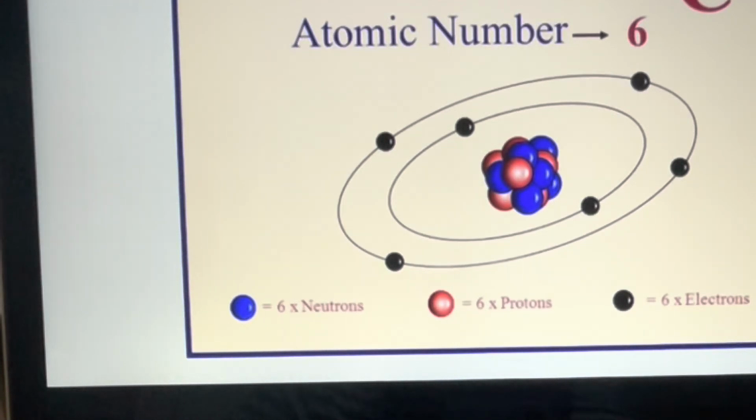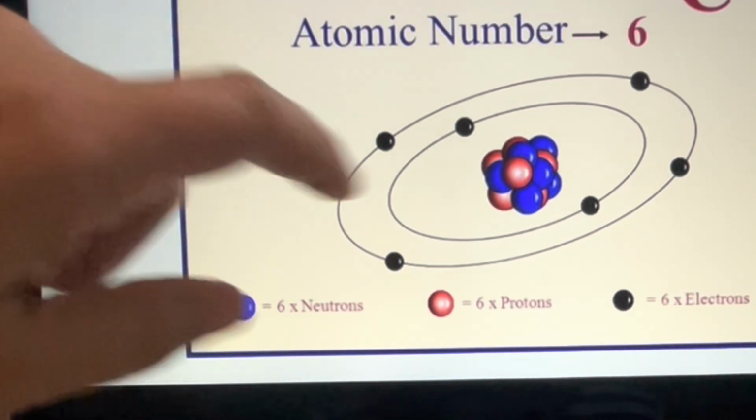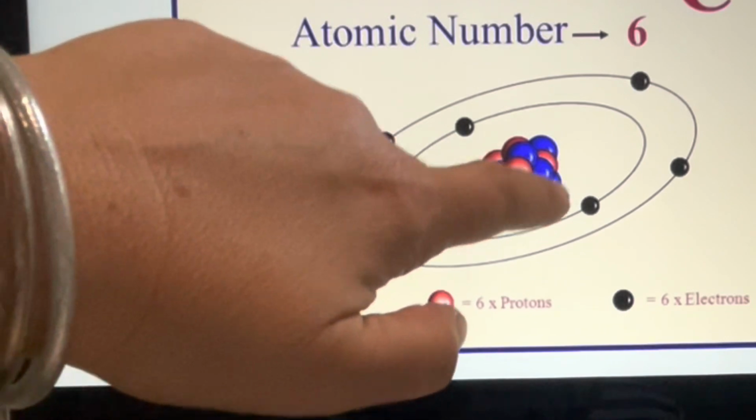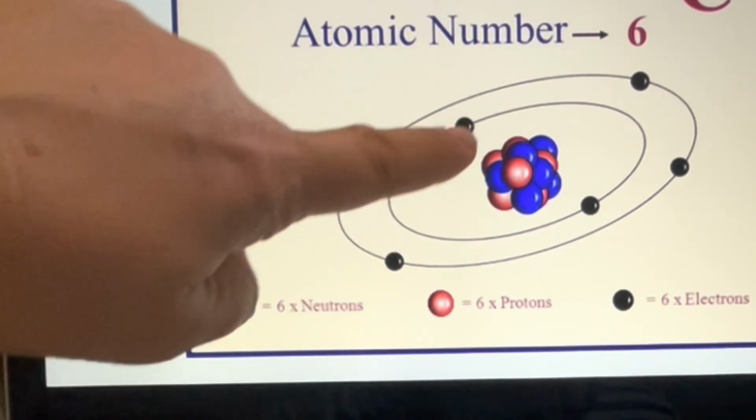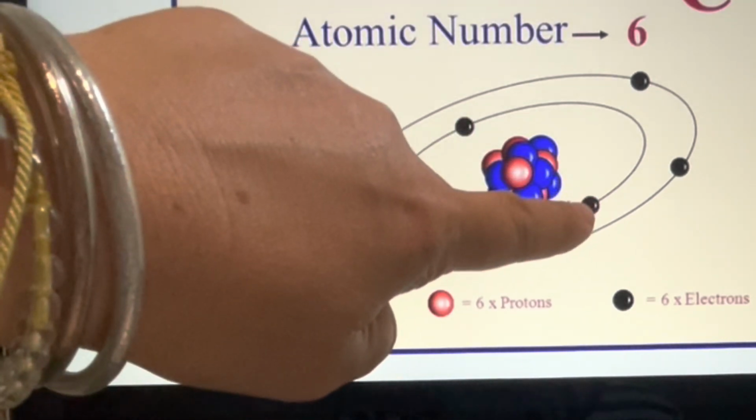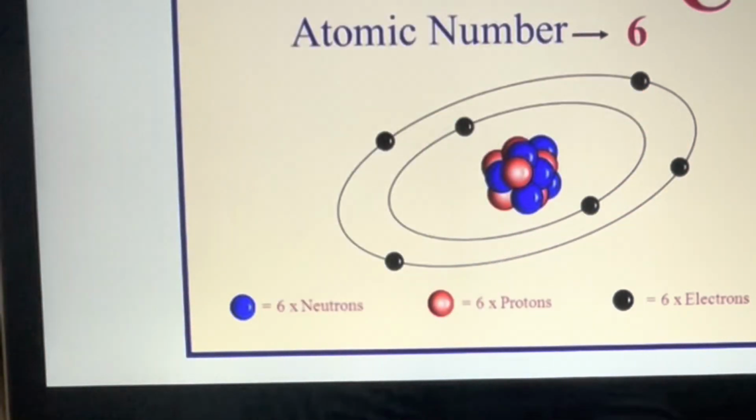In the end, the number of protons in an atom tells you what kind of atom it is. And since atoms are neutral and must have equal numbers of protons and electrons, it also tells you how many electrons the atom has. So let's go back. We said we had 6 protons. So that means we have to have 6 electrons for this atom. 1, 2, 3, 4, 5, 6.